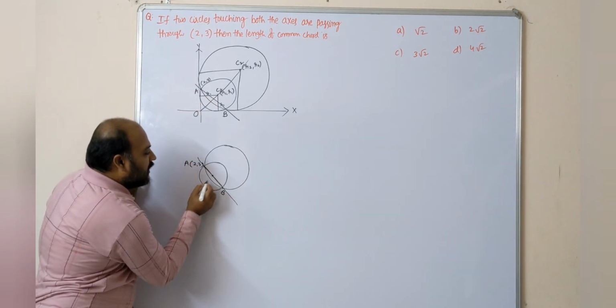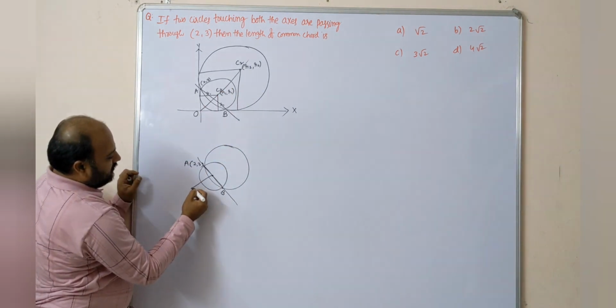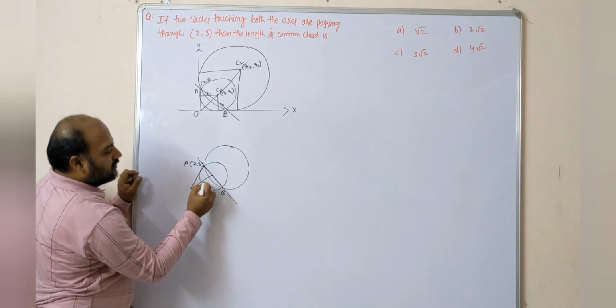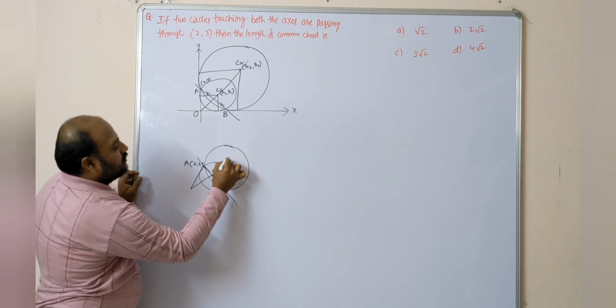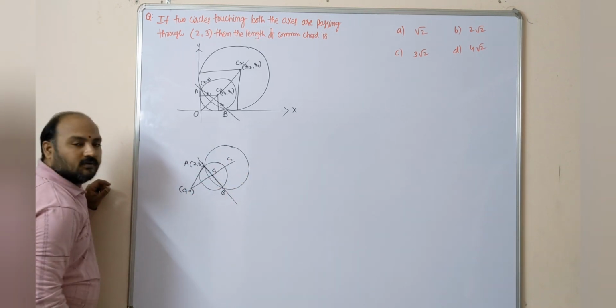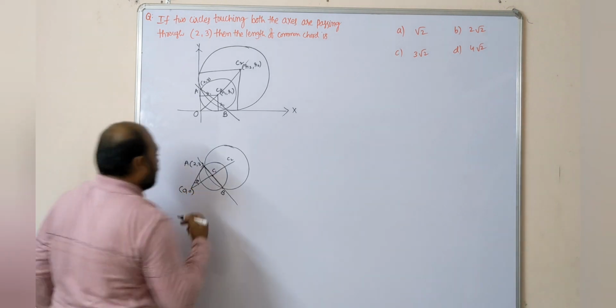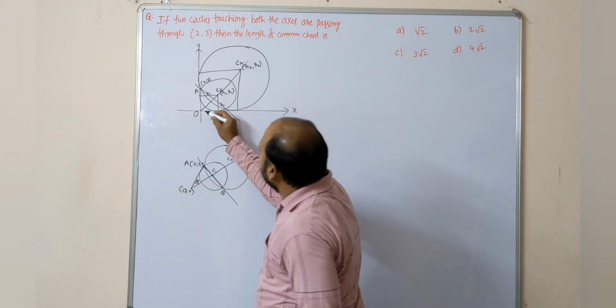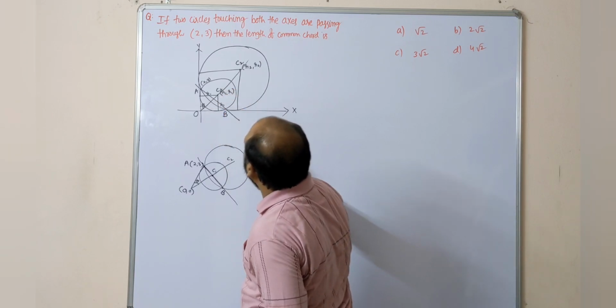So D is midpoint. So from here OD is there, na? So this is C1, like C2. So O means origin. This is theta I am taking, dear students. So from triangle O, here theta.